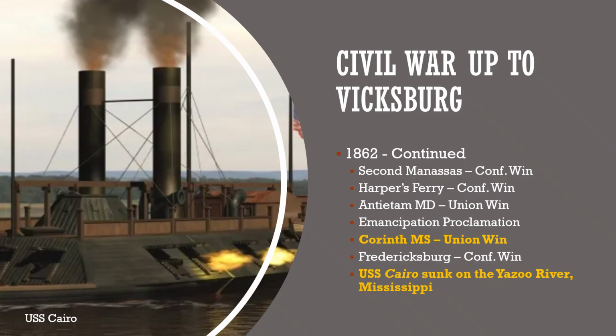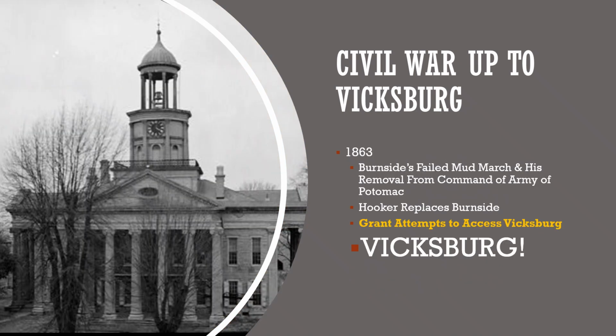It actually took two different battles to hold that city, a very crucial railroad junction. And then later, we have the USS Cairo, an ironclad ship that was sunk on the Yazoo River just north of Vicksburg. So that was one of the first actual battles related to Vicksburg.